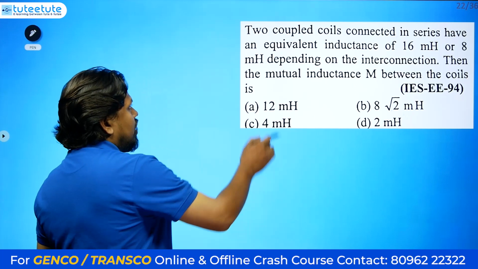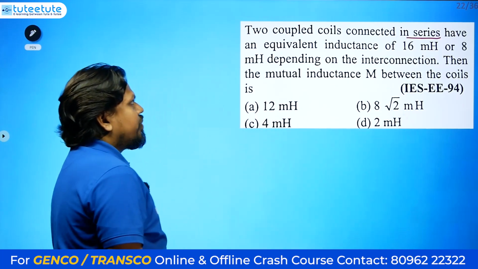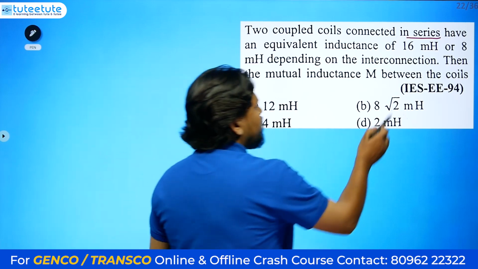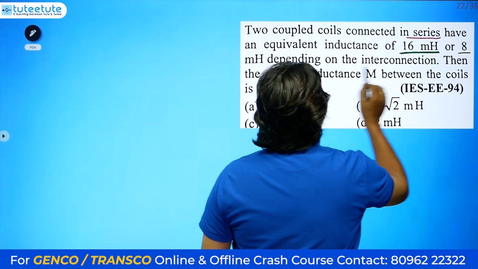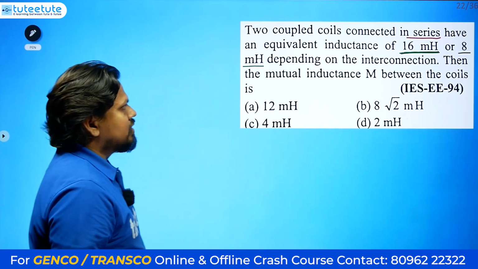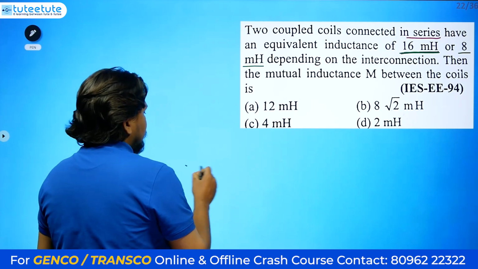See what they have given: two coupled coils connected in series. The equivalent inductance sometimes is 16 millihenry and sometimes 8 millihenry, depending upon their interconnection in series.